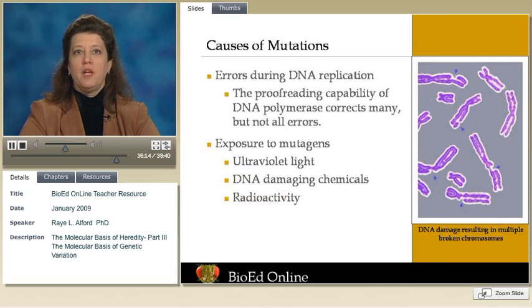For example, exposure of fetuses to large doses of particular mutagens may have more significant clinical consequences than short-term, low-dose exposure of an adult. Certain mutagens cause characteristic types of DNA damage. For example, radioactivity typically causes double-strand breaks in the DNA, while certain chemicals are more likely to cause nucleotide substitutions.